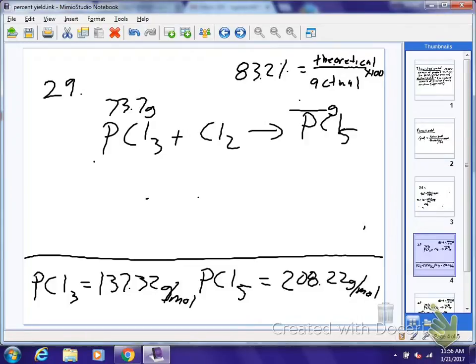So up here on the board, above PCl3, I have how much reactant I start out with. If I take the 73.7 grams and go through the whole process of solving for grams of PCl5, is this going to be an actual yield or a theoretical yield?